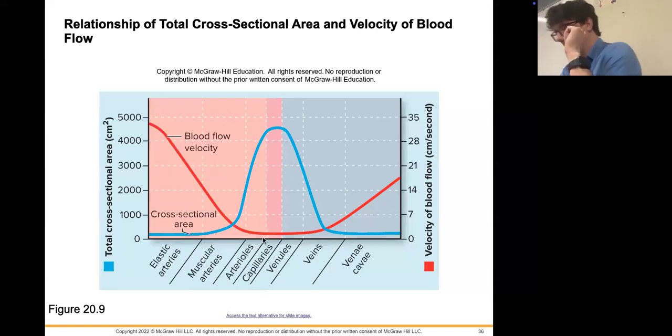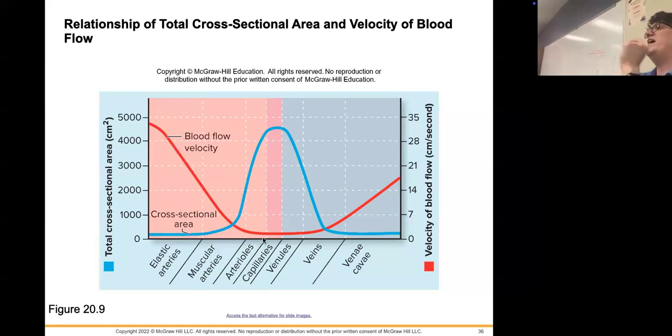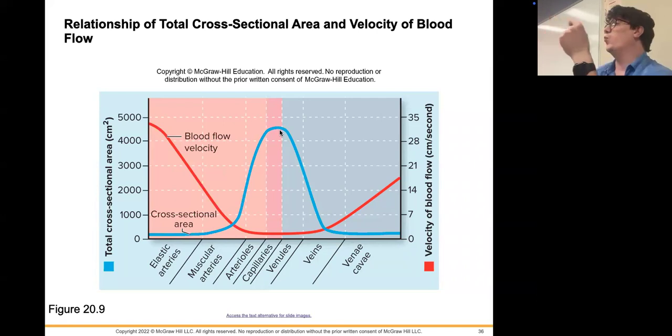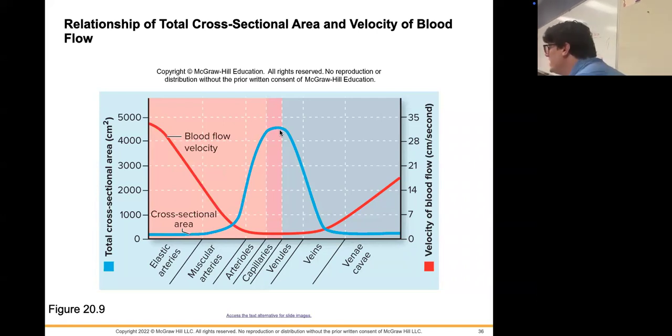Now, importantly, the vast majority of the surface area of blood vessels in our body is composed of our really small vessels, our arterioles, capillaries and venules, especially capillaries. While they are the smallest individually, we have so many of them that they make up the vast majority of the overall surface area of our blood vessels.